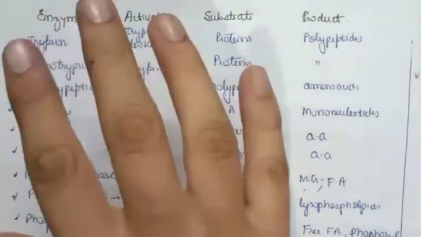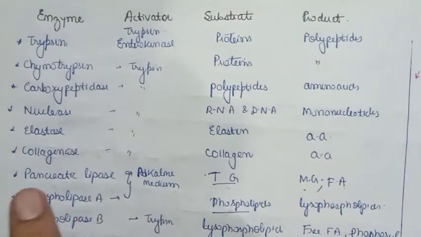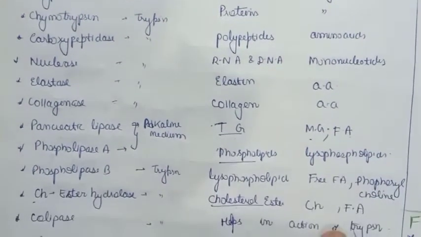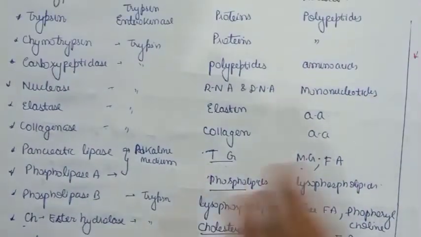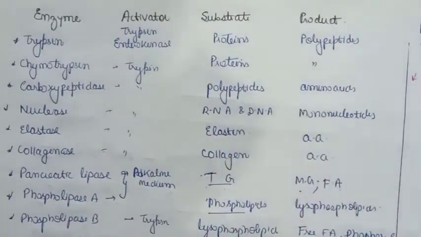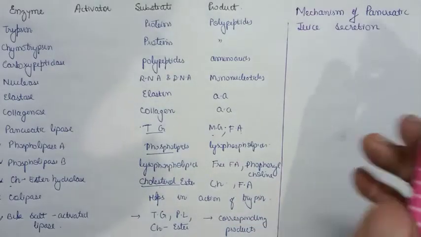These two are activated by the alkaline medium. So trypsin is activated by trypsin itself and the enterokinase. Pancreatic lipase and phospholipase A are activated by the alkaline medium, and all the rest of the enzymes are activated by trypsin. So this is all about the activation of the different enzymes which are secreted in a non-active form called the proenzyme.